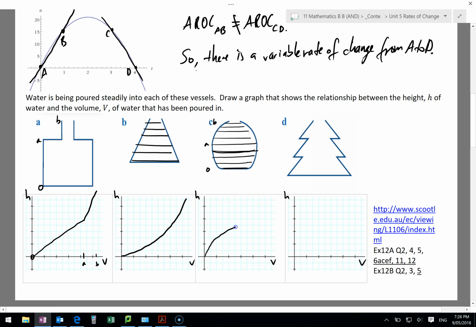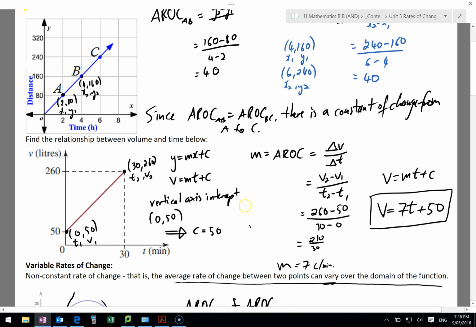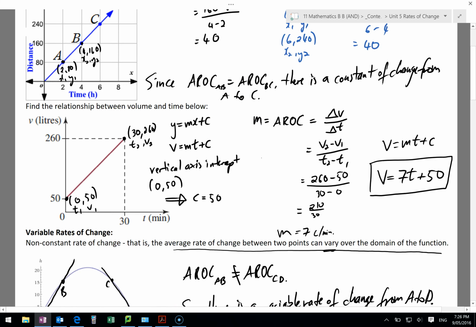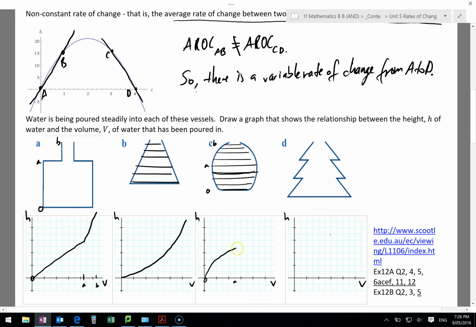So we'll see something like this happening from 0 to A. And then from A to B, what we'll see is it's getting narrower, so it'll start to speed up, until it's full at that point.